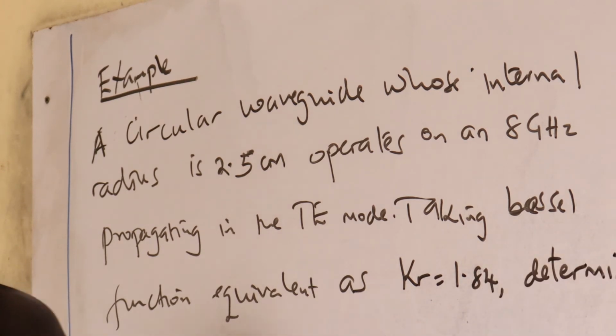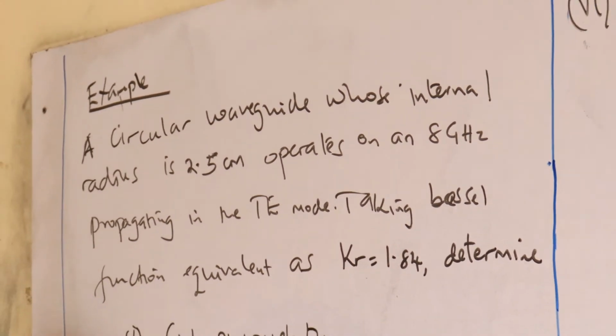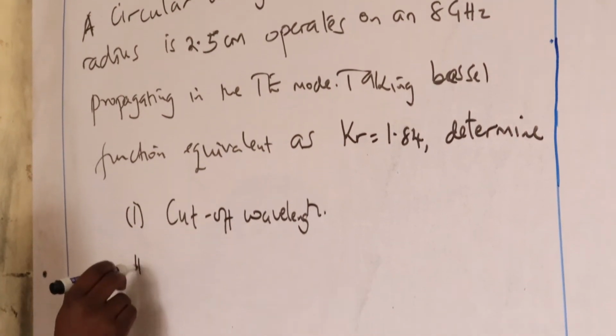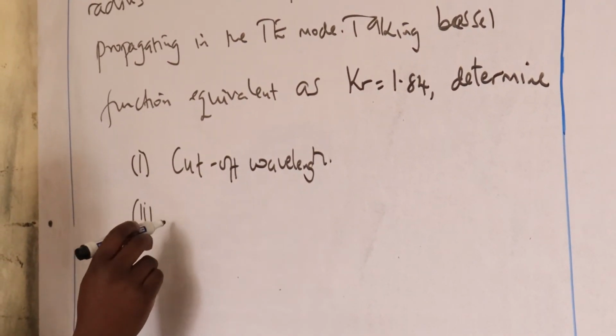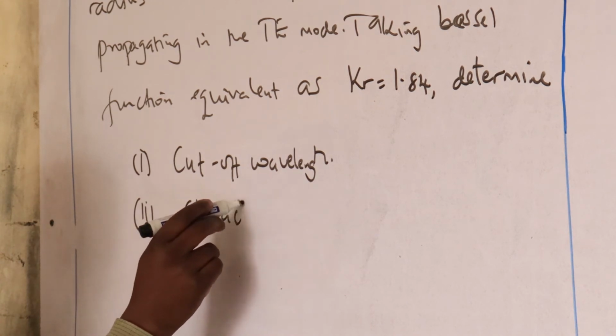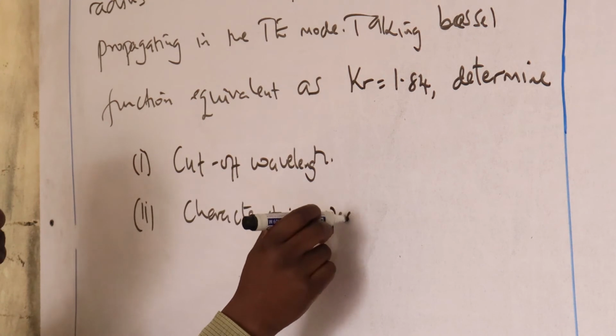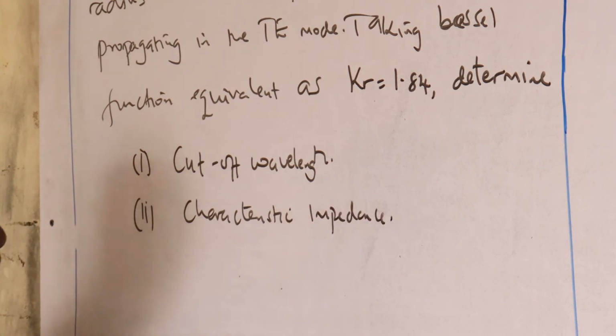Determine: Roman 1, the cut-off wavelength; Roman 2, the characteristic impedance. So basically, you can have those as examples.